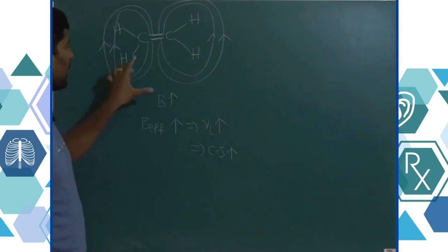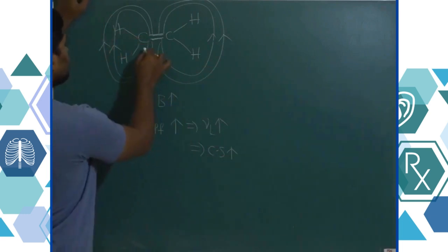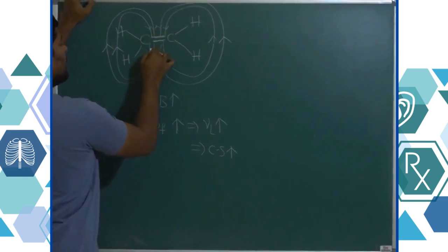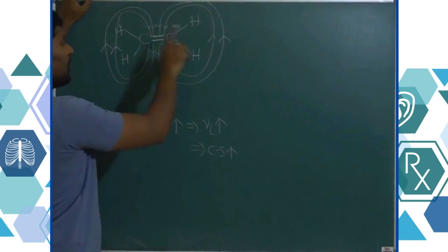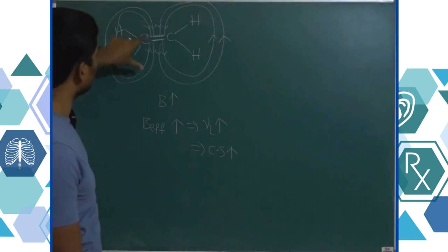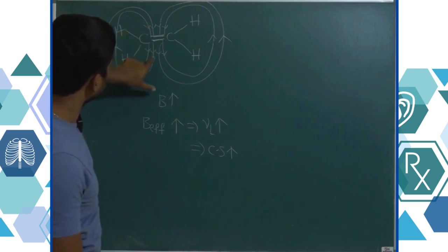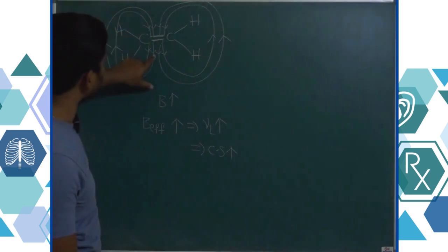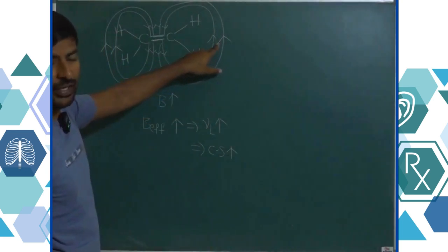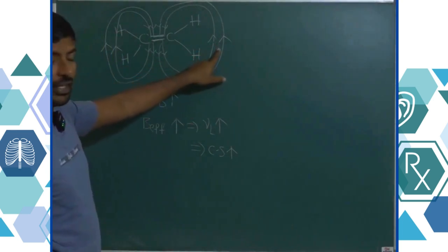Here, is the induced magnetic field distributing uniformly or not? It is not distributing uniformly. See here, in this region it is opposing the applied magnetic field, but in this region it is aligned in the same direction as the applied magnetic field.